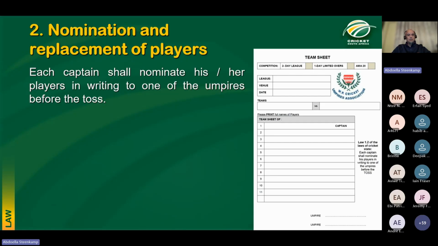Each captain needs to bring this nomination sheet, and on the right hand side is an example of a nomination sheet that we use in club cricket in Cape Town, South Africa. The umpires will hand over these sheets to the captains before the toss. Captains need to complete them, and when they come to the toss, they need to bring the completed nomination sheet with them.